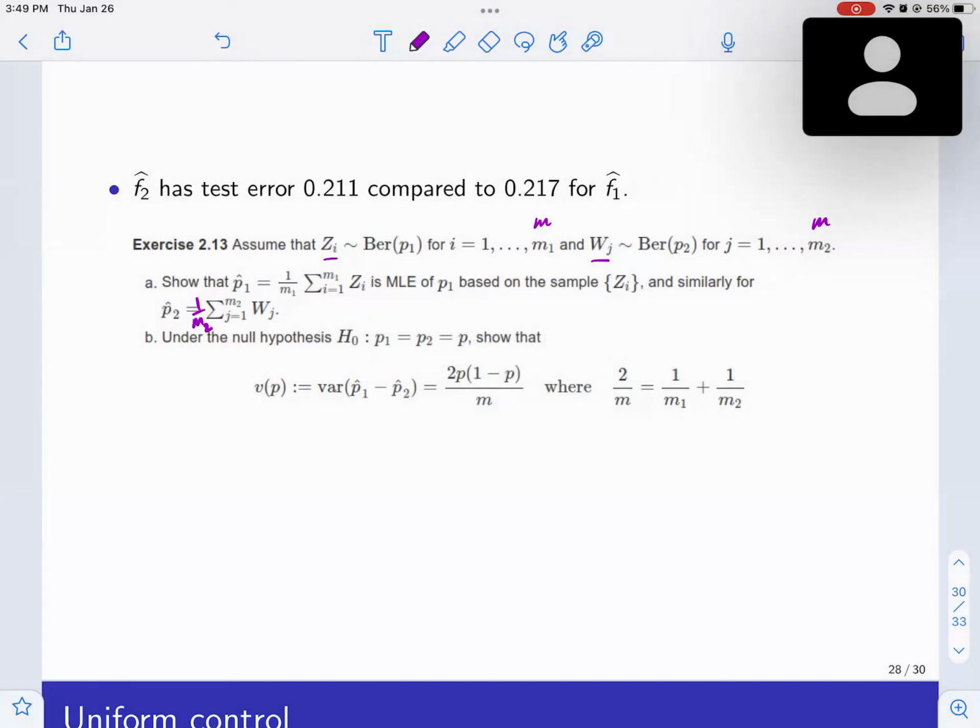Actually, you have to worry a little bit about that. If they're independent, under P1 and P2 equal to P, you can calculate the variance of the difference. So if Z_i is independent of W_j, then you could evaluate this variance.